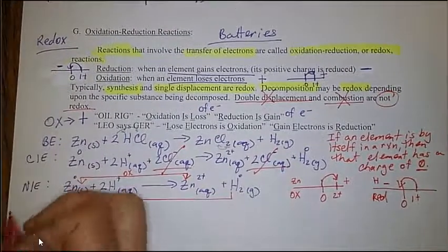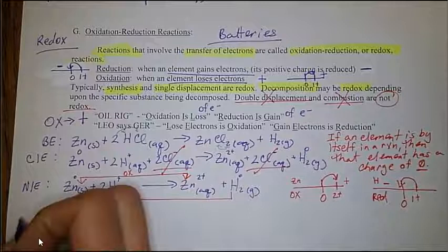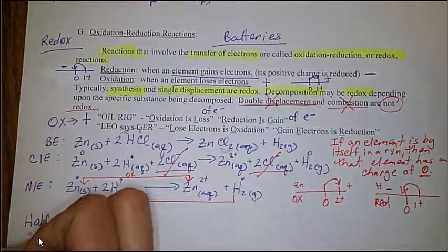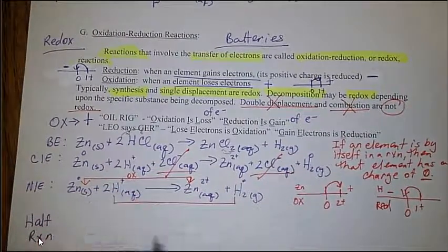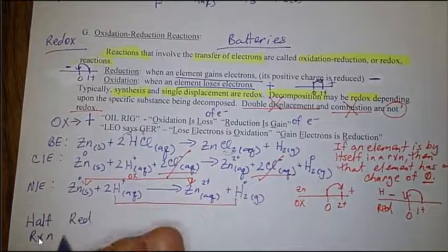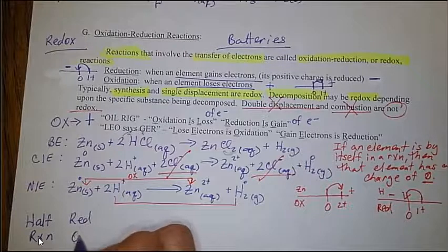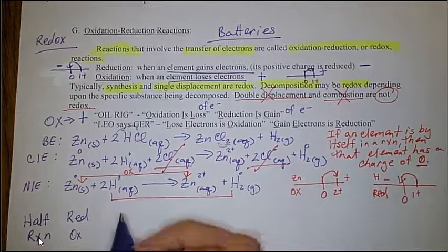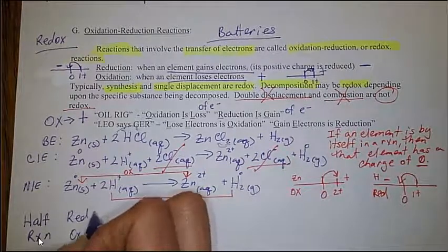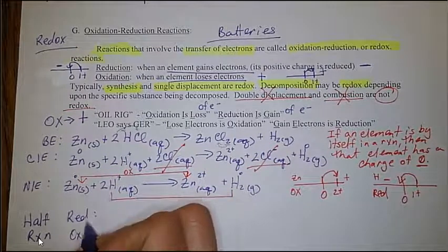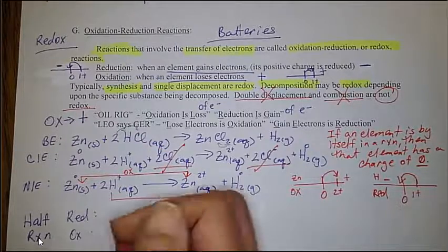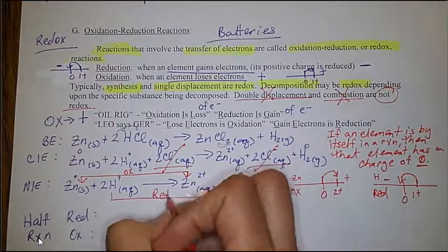So we can now write our half reactions. Okay, and our half reactions would be reduction and oxidation. So in this case, we're going to write it down. We're going to write down our reduction, which is what I have here. I'm going to label it.